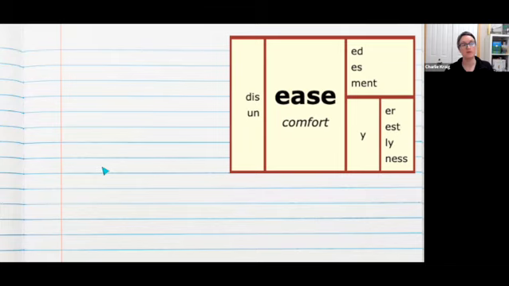So remember, you're going to go from left to right. You don't have to pick a prefix if you don't want. You can start with the base and just add your suffixes. You can pick a prefix and just add the base, or you can go hog wild and pick something from each column.